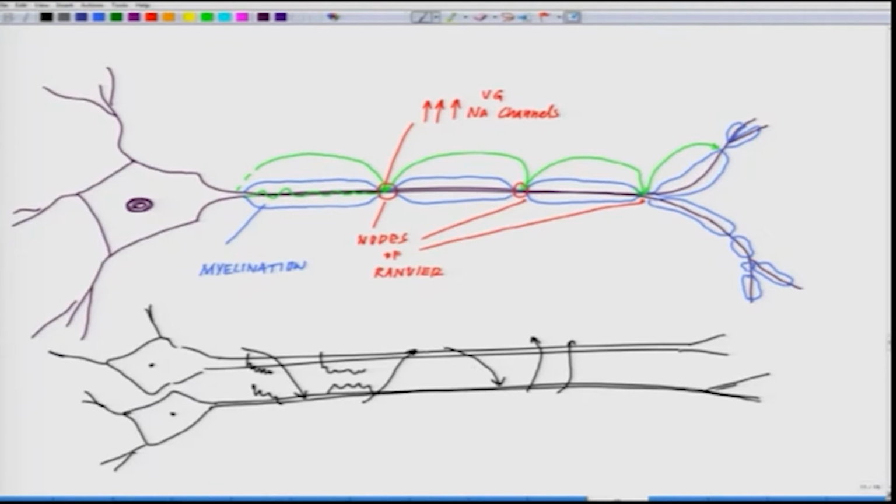In other words, you can call this a situation of short circuit.